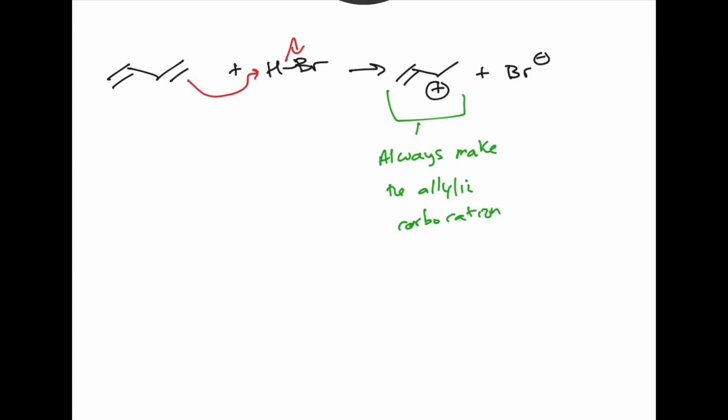So you're always going to make the allylic carbocation, so the carbocation that is beside the double bond. Right, so if you get this carbocation and you immediately add your bromine to it, you get the 1,2 product.